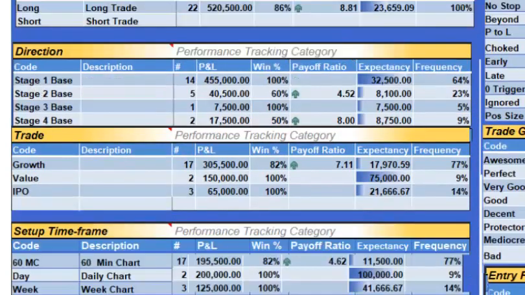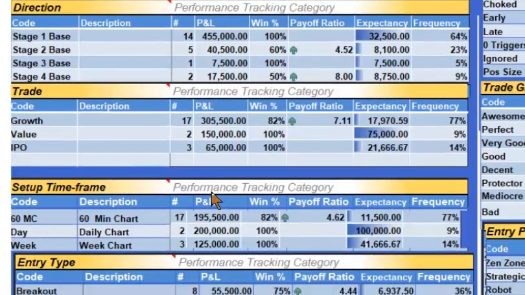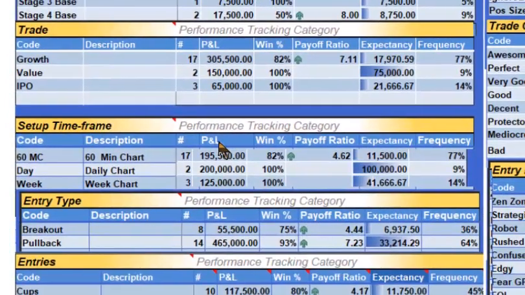If you are a growth trader in this example, or a value trader or IPOs, whatever you trade, you can track. Like, you can see how well you did. You can see that you have a much better win rate with first stage bases than you do third stage bases or fourth stage bases. You want to figure out what you're good at and then really focus down on it.